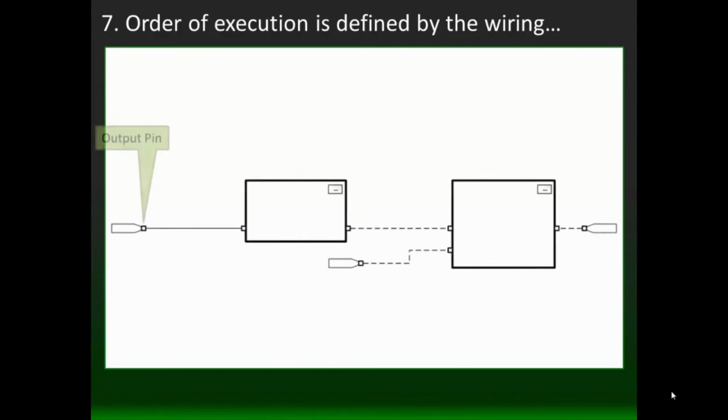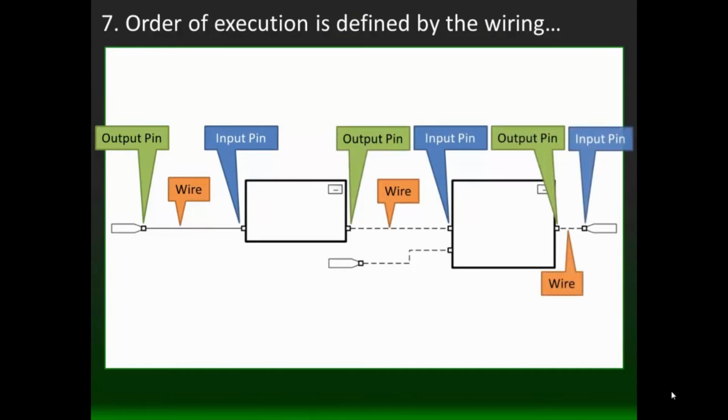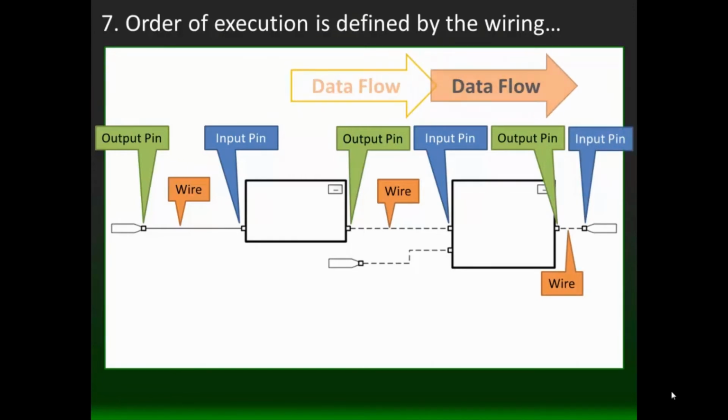Order of execution is defined by the wiring. So you see the flow of information here. Remember that an input reference is a piece of information. It's a value. And that value comes in through an input reference to a function block. It goes out. The same value doesn't go out, but the result of that function against that value goes out.